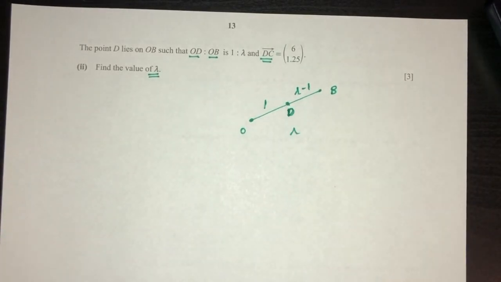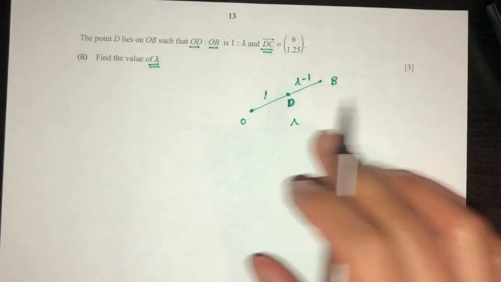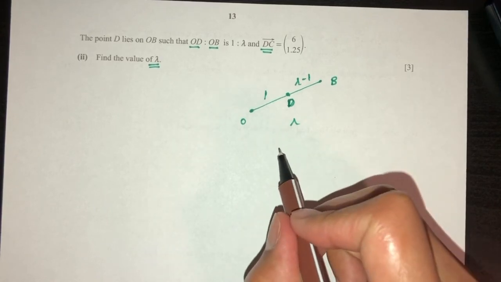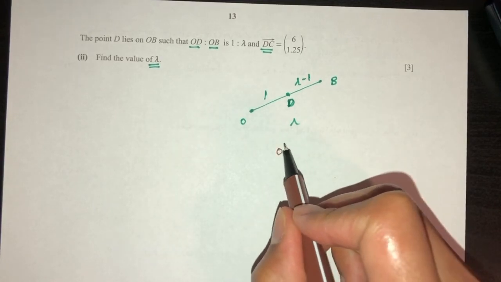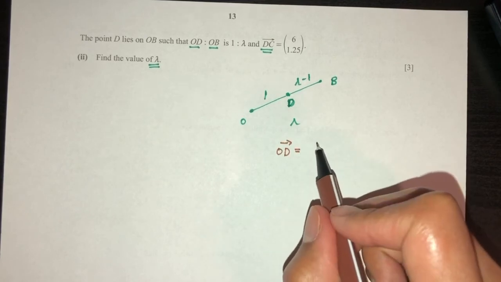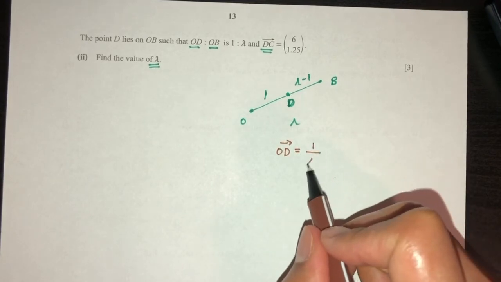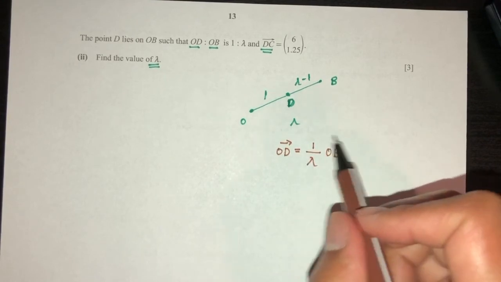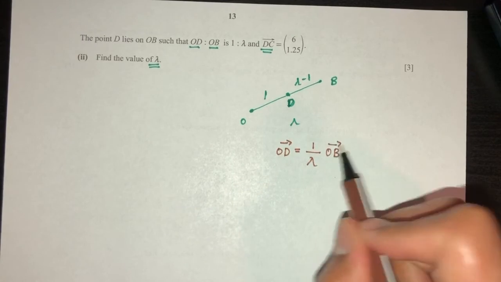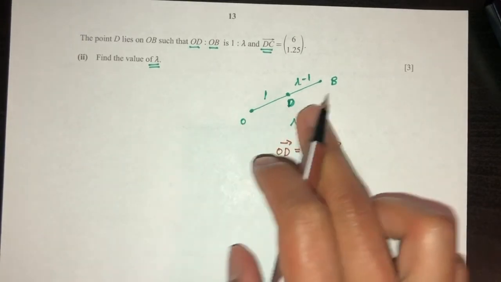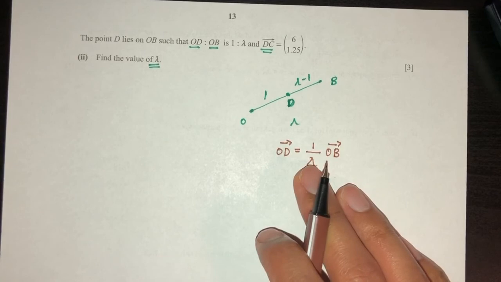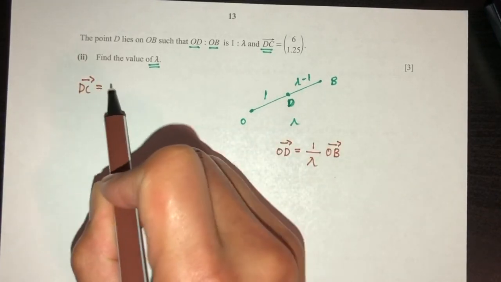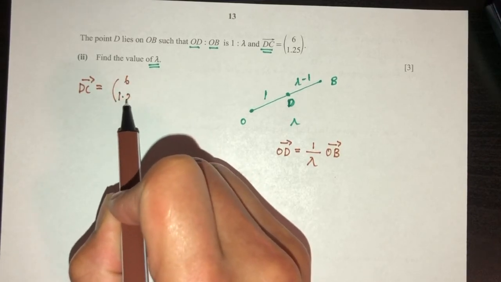So we can form an equation here. Let me write this down. So we can form OD is equal to 1 over lambda OB. That is one equation we can write, but that's okay. As long as you understand what's happening, we can just leave this for now, and we can use this one. So DC is given to you by (6, 1.25).